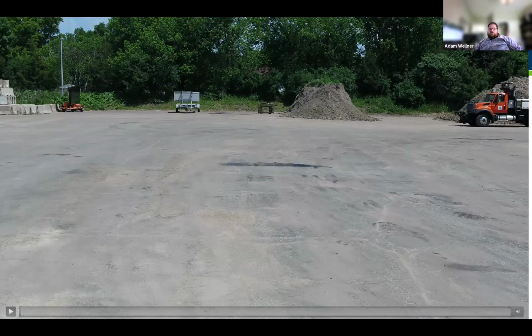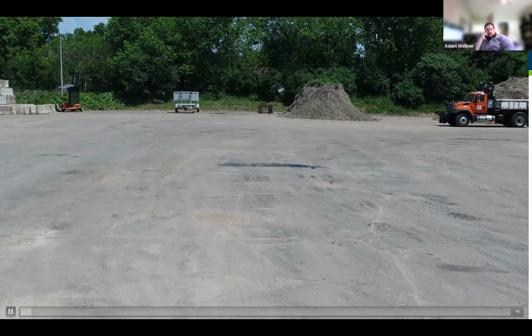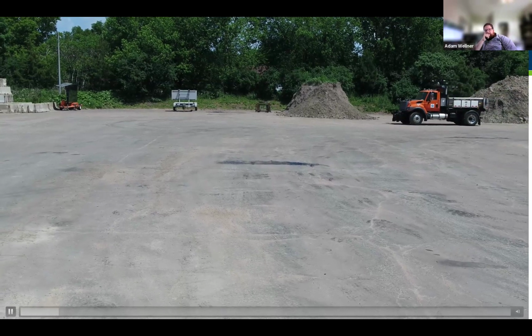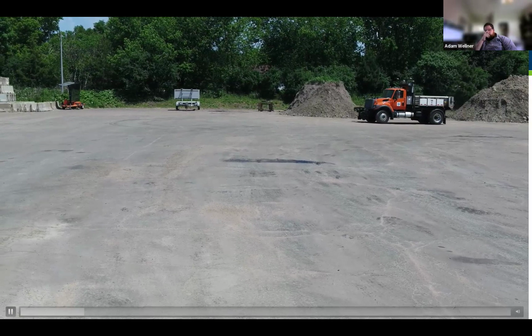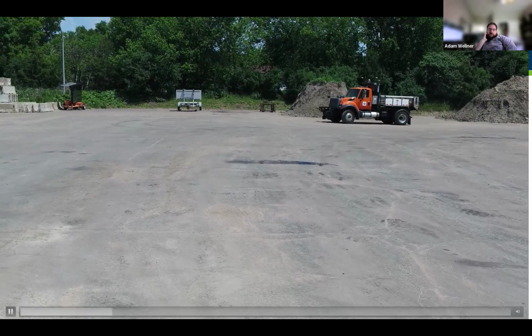So here I have a short video from one of our yards of the two trucks, and you can kind of see how they follow. So we've got the leader truck coming along, and there is no sound.